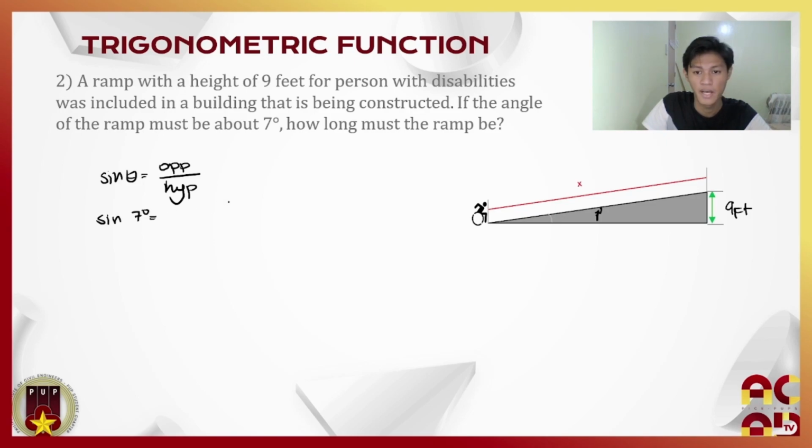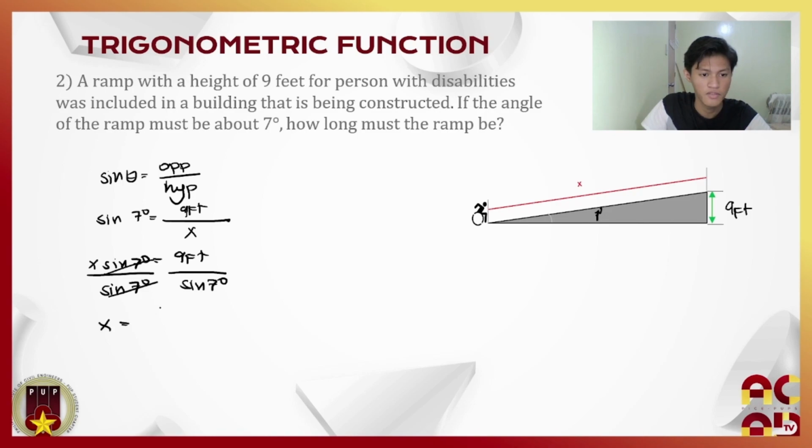And then, yung opposite natin, which is 9 feet, over x na hypotenuse. Cross-multiply lang ulit. So, x sine 7 degrees, 9 feet. Divide natin both side by sine 7 degrees para ma-isolate na yung x. Meron tayong x is equals to 9 feet over sine 7 degrees.